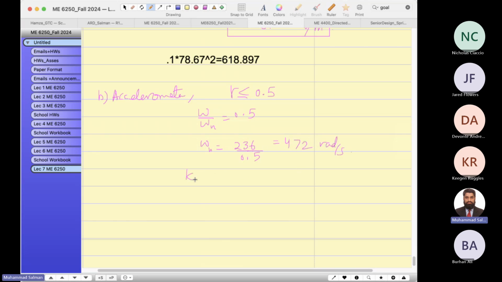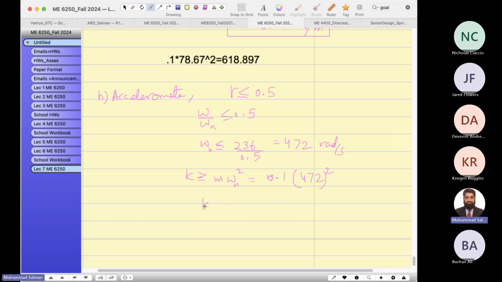And from here, let's keep it as an inequality to be more accurate. k would be greater than or equal to m omega n squared. Can you solve for this? So 0.1 times 472 squared.